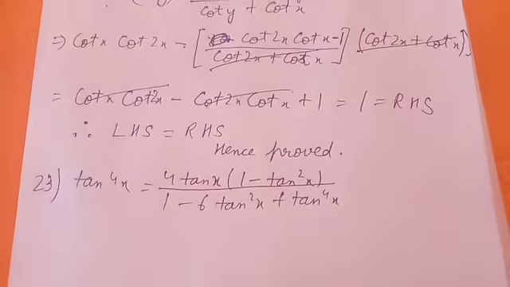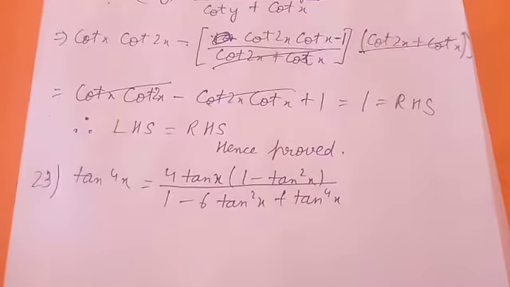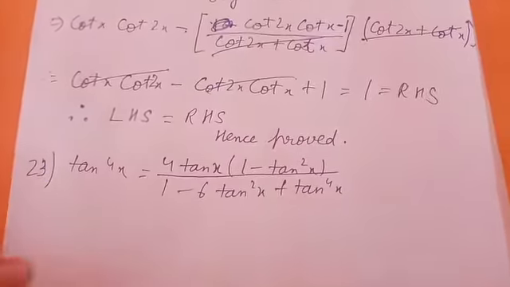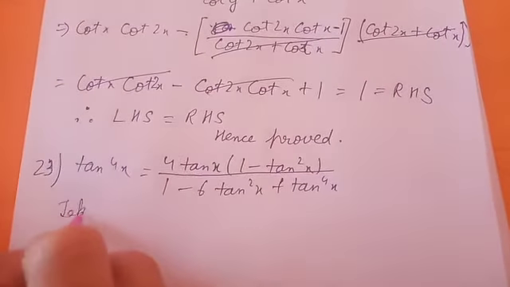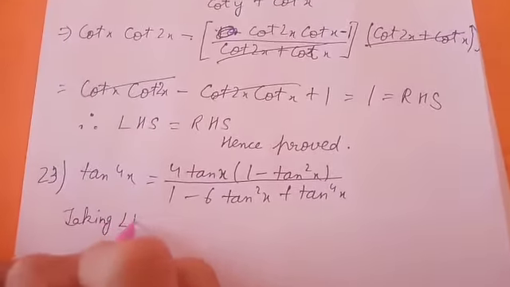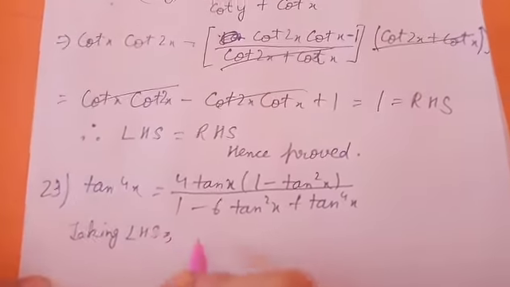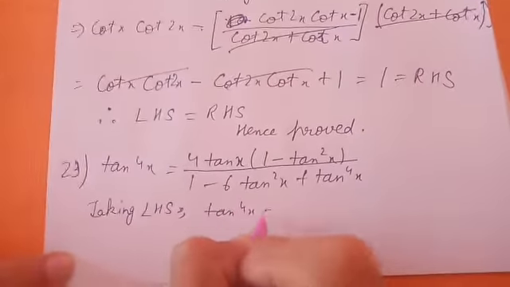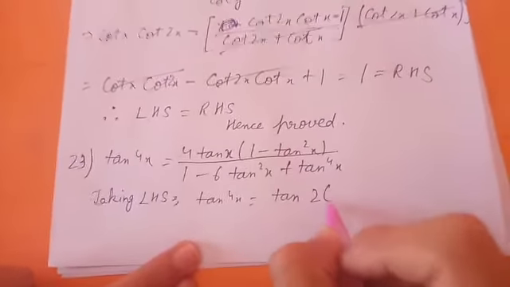So first of all, taking the left hand side, you get tangent 4x. Now I can write tangent 4x as tangent of 2 into 2x.